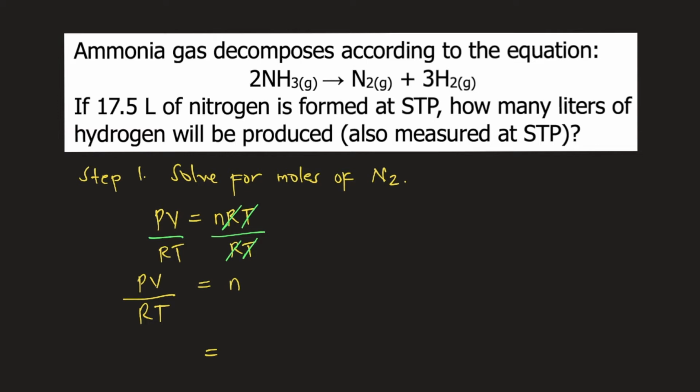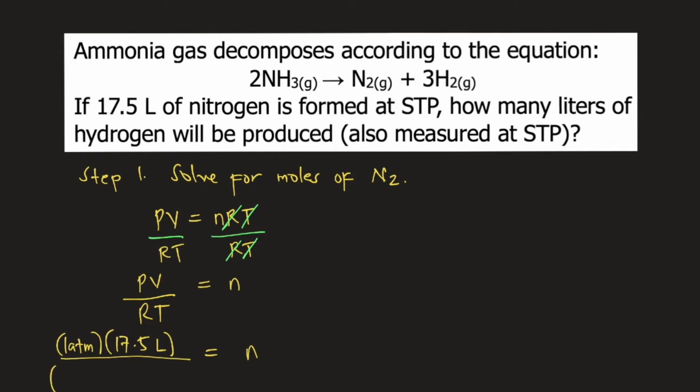Next is we solve for n. P is pressure. So the problem says nitrogen is formed at STP. STP means standard temperature and pressure. And the standard pressure, always remember this, is 1 atm. The volume is given, 17.5 liters.